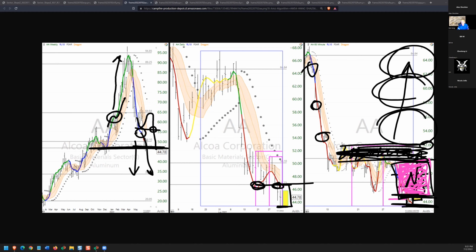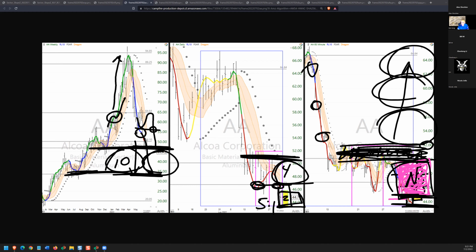So if this breaks, the next support is 35. So you got a $10 range in here. And you're looking at about a $2 risk against a $10 gain. That's 5 to 1 to the downside. And just a $2 move up to, call it 52, is about 4 to 1.